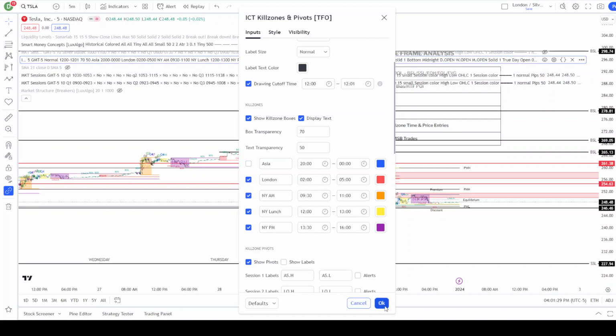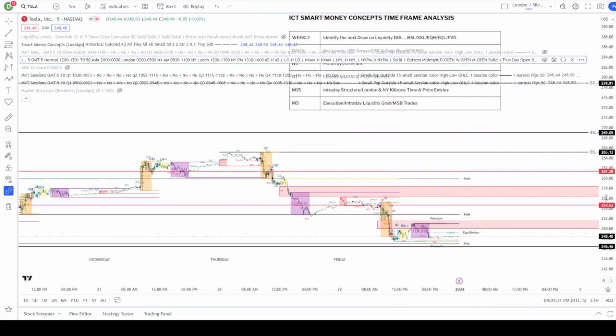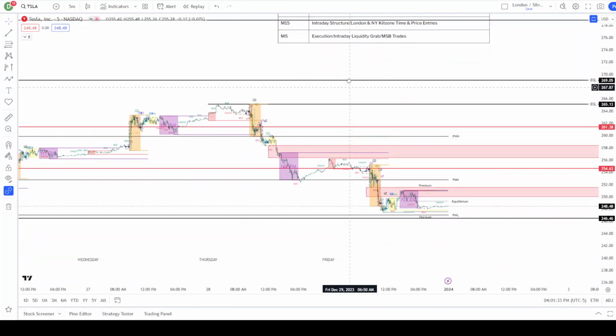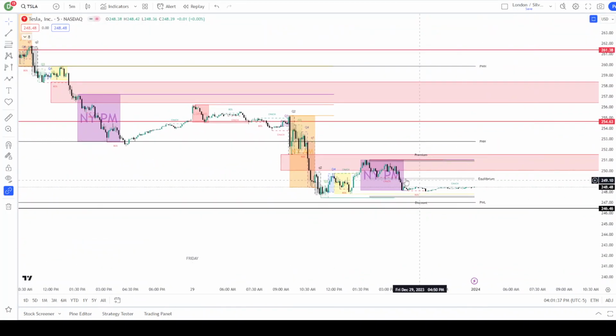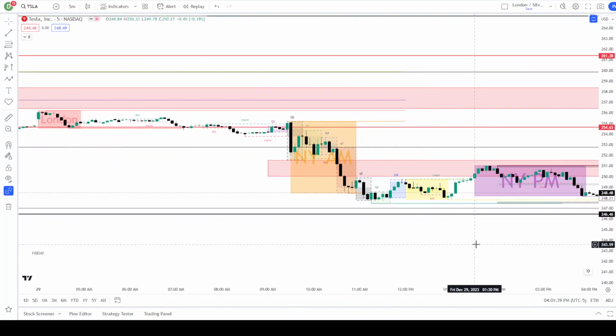So if you throw some more of those on, you can see inside those kill zones is where I have my quarters all divided. This first Q1, Q2, Q3, Q4 is inside the New York AM session, as well as this continued Q1. And then these finish off before lunchtime starts.